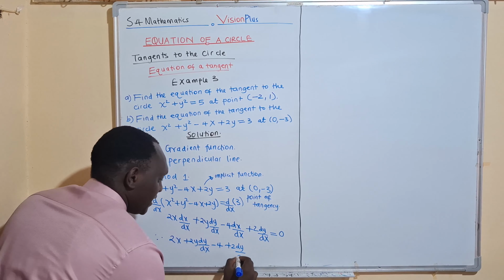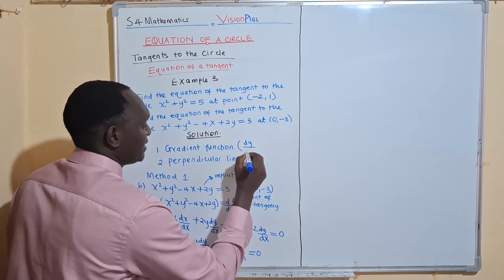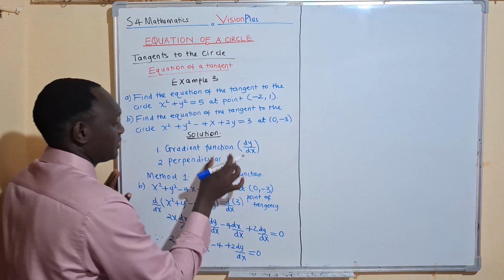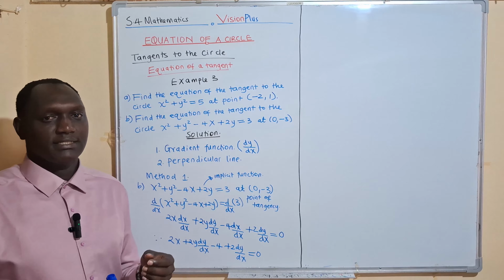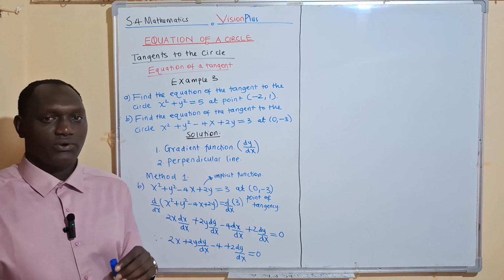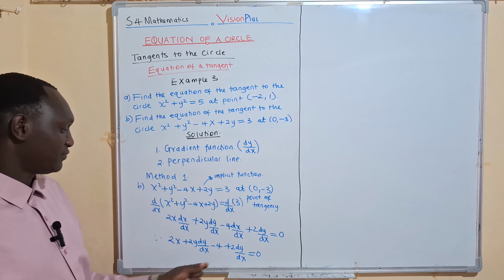Remember, when we are getting the gradient function, it simply means we want to find dy/dx, which is the function that gives us the gradient of the circle at any point on the circumference. So from here now we need to make dy/dx the subject of the formula.